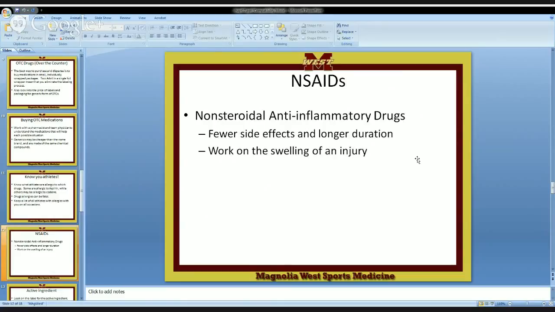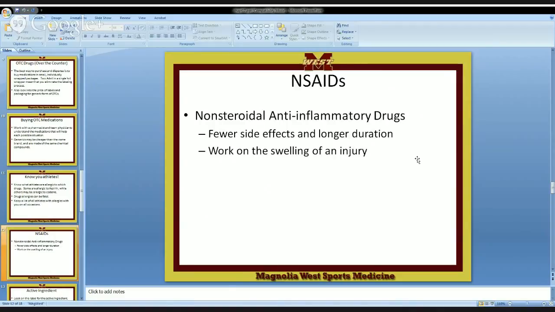The non-steroidal anti-inflammatory drugs have fewer side effects. It's not near as hard as the old stuff that we used to get, Telectin, Naproxen, etc. Those were pretty tough on your stomach. They have a longer duration, and they work on swelling of an injury.